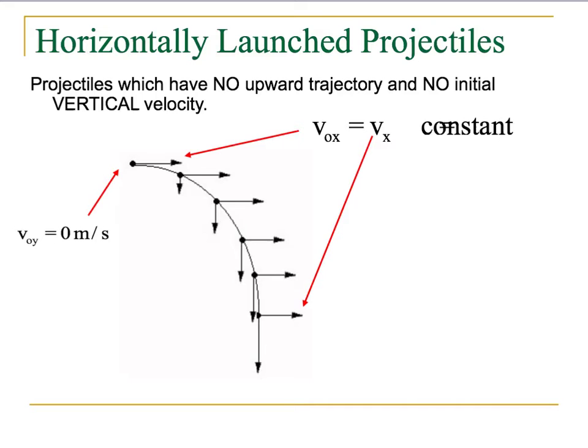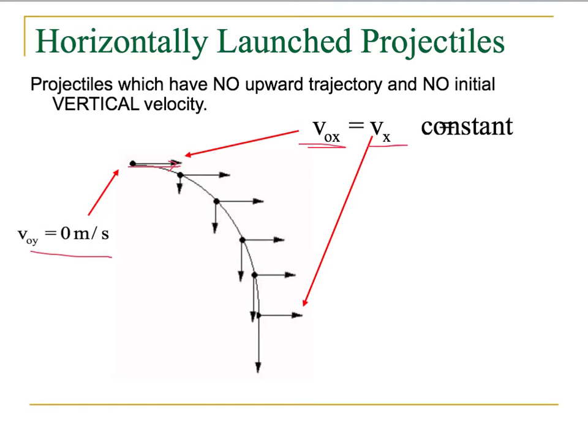Now, for horizontally launched projectiles, we know a little bit more information. We know that if it's launched horizontally, it's given just a horizontal velocity. That tells us that the initial velocity in the y direction is 0. And then again, as we mentioned, horizontal velocity is constant, so your initial x velocity equals your final x velocity.